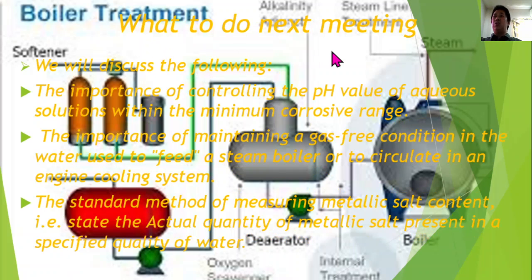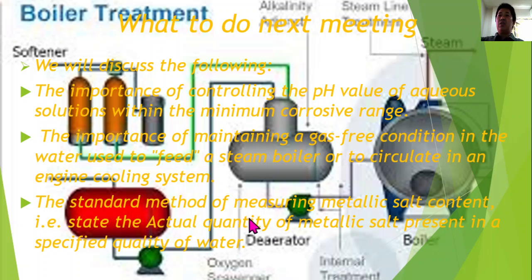So what will we do next meeting? Our activity next meeting: we will have a short quiz on this discussion, and we will also have a random oral recitation. After that, we will discuss the importance of controlling the pH value of aqueous solutions within the minimum corrosive range. We will also discuss the importance of maintaining a gas-free condition in the water used to feed a steam boiler or to circulate in an engine cooling system.